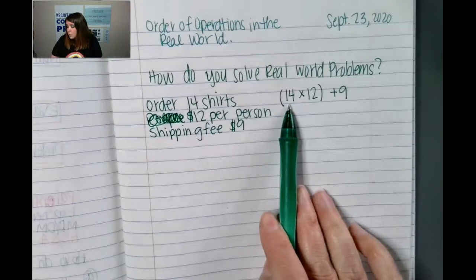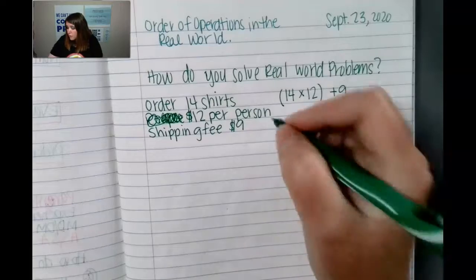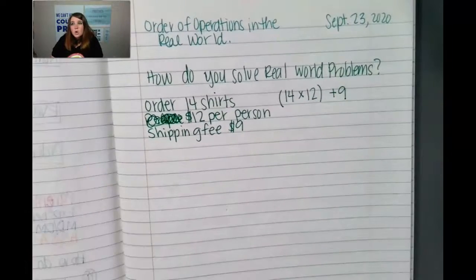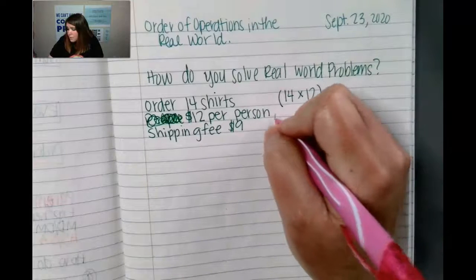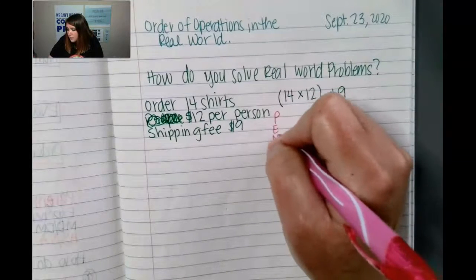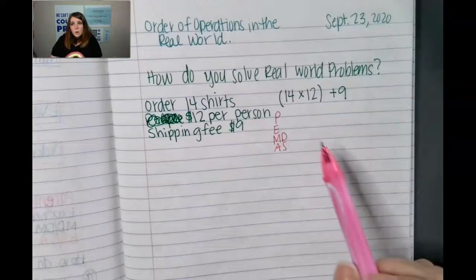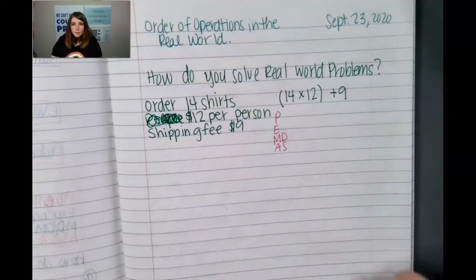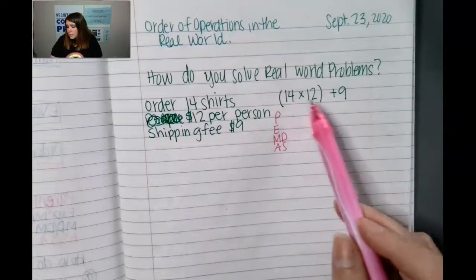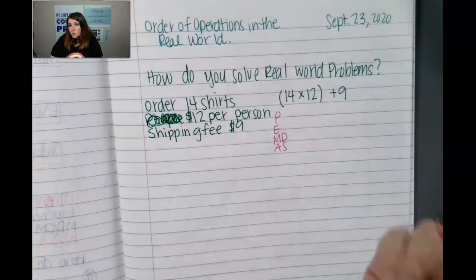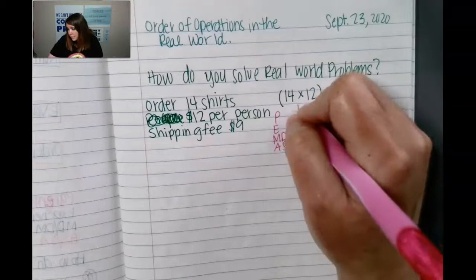So we're going to go 14 times 12. But let's set up our checklist, because that checklist is so helpful. We want to make sure that we are still solving using order of operations, even though it's a story problem that Miss Englander didn't read right. Sorry. Okay, so 14 times 12. We know that 14 times 12 is 168.